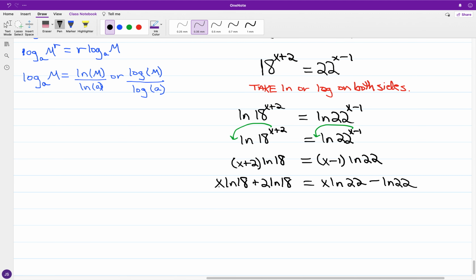Okay. If you notice, we have 4 natural logarithmic terms, and we have 2 with x and 2 as just standalone logarithmic terms. And what I'm going to do here is gather together the x terms.